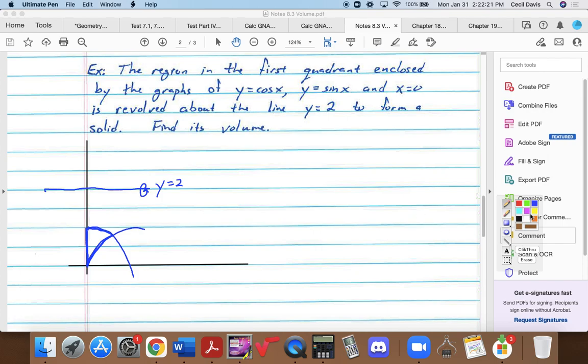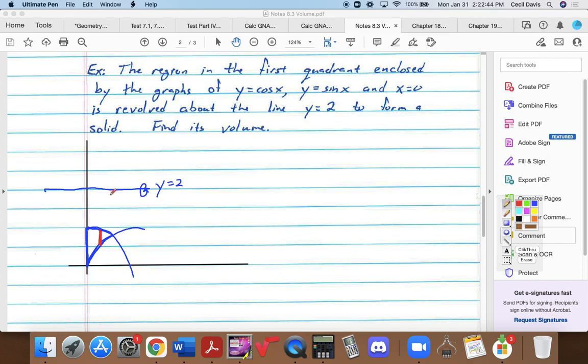So again, if I take a representative slice of this from here to here, you do have to do a little bit of imagining at this point. So I've got this little stick, and I'm revolving it around this line that's way up here.